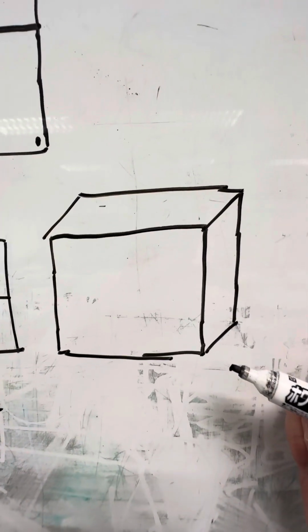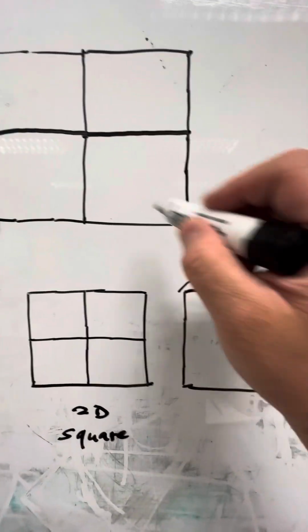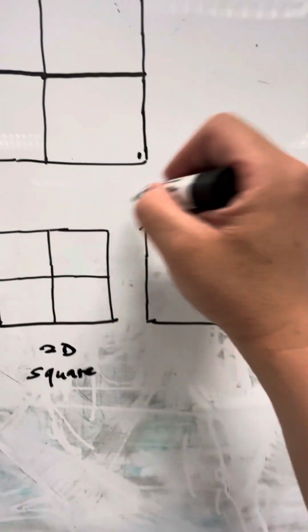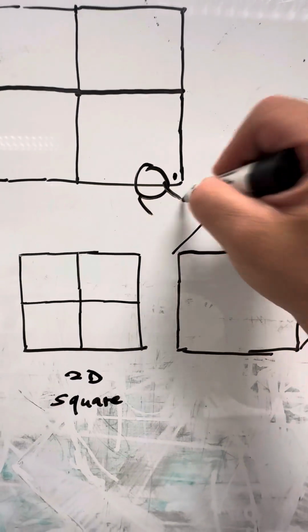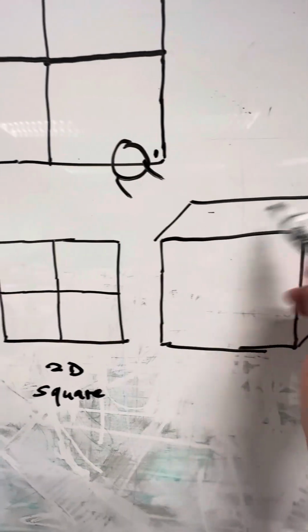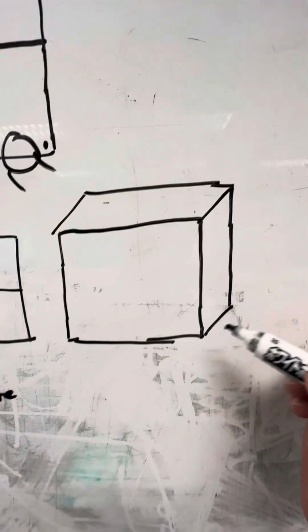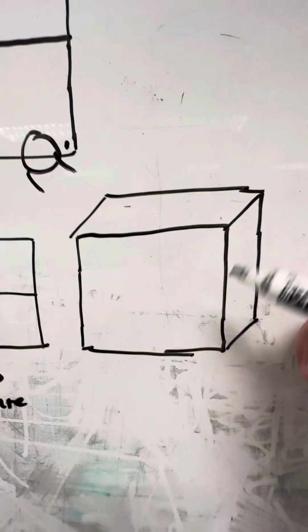If you want to shade, let's say the light source is coming from there, then this would be light and this part would not have any light.